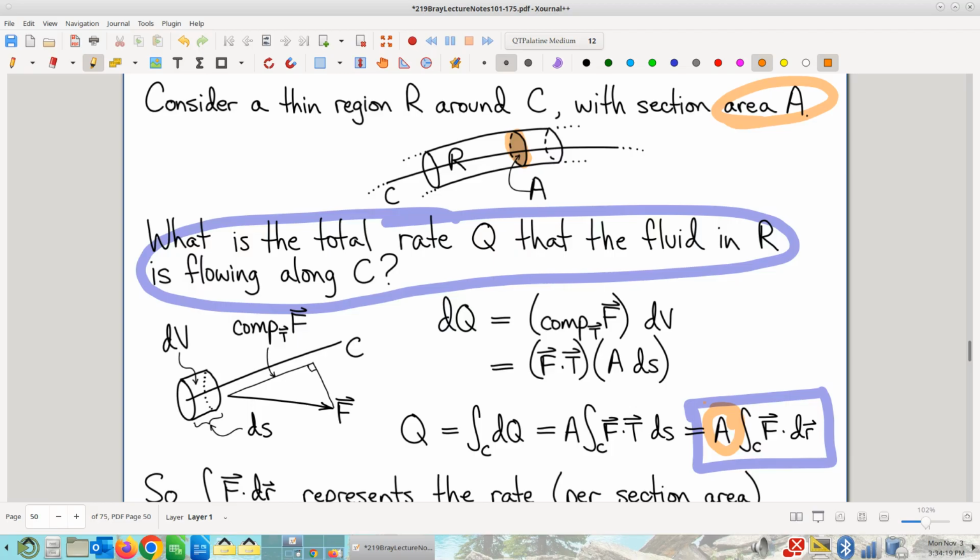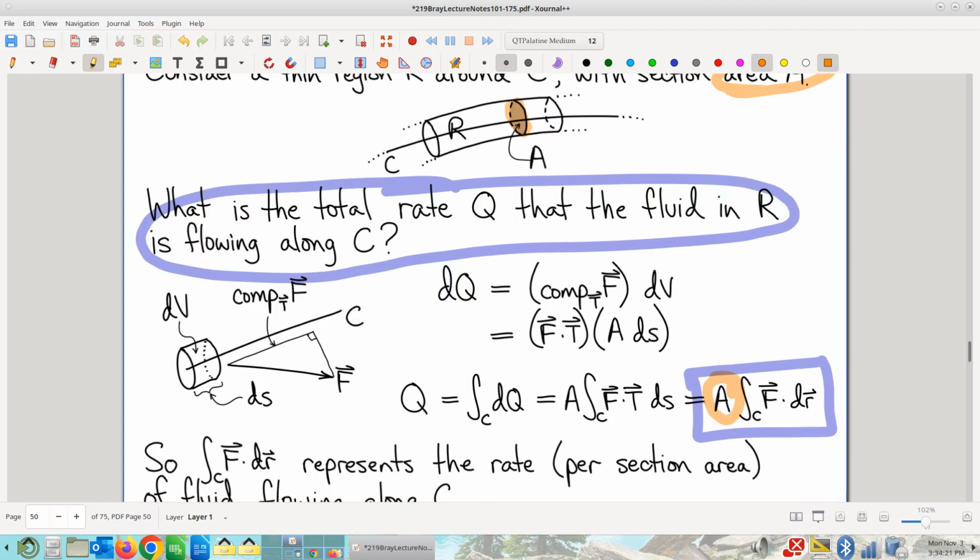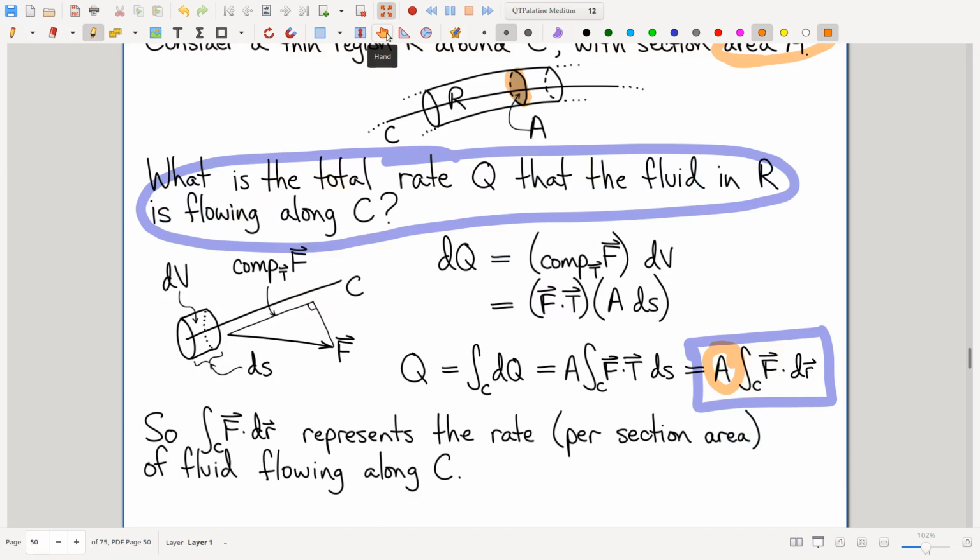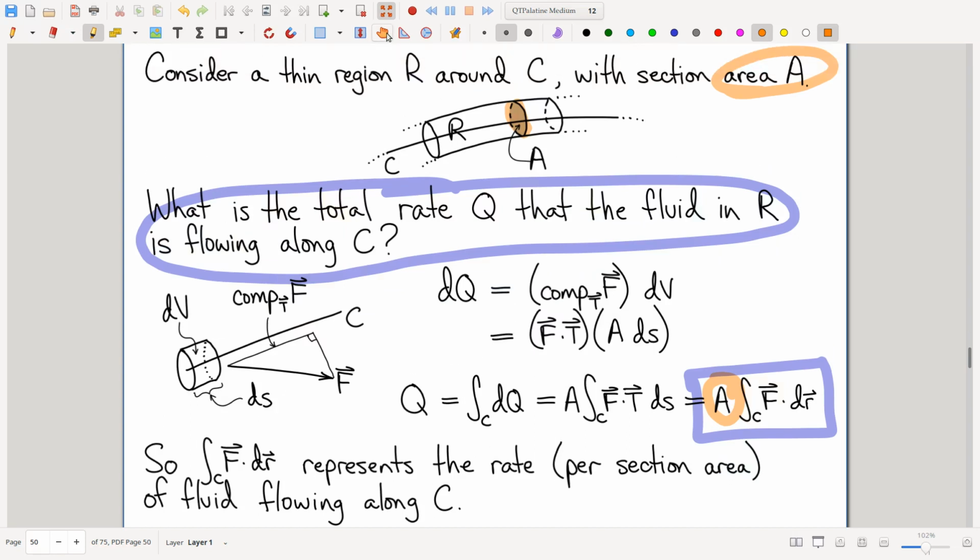And so I'm going to rephrase the question now to, instead of how much is the fluid flowing along the curve, I'm going to say how much per unit area. Of course, it's proportional to area. When something is proportional to area, it makes sense to factor that out. And let's talk about how much per unit area.